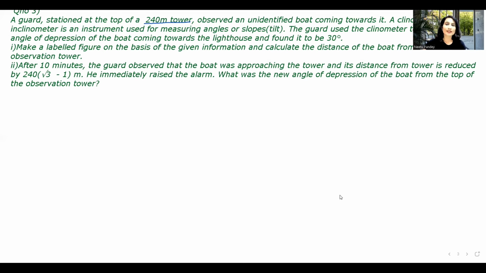So here we will start. First we will draw the tower. Tower is 240 meters high. So here, let this be the tower. And the guard is stationed at the top of the tower, observed an unidentified boat coming towards it.